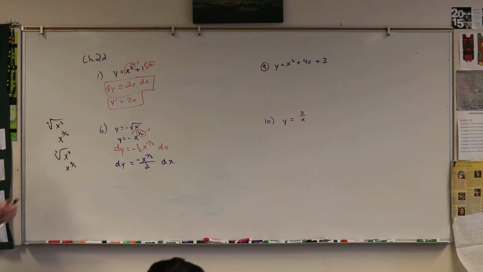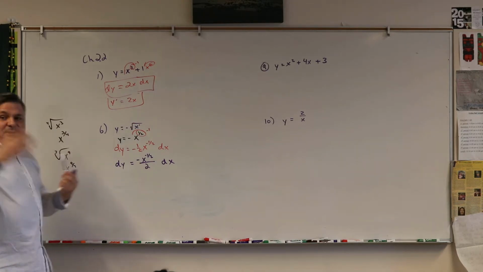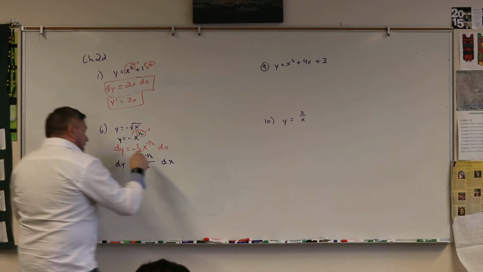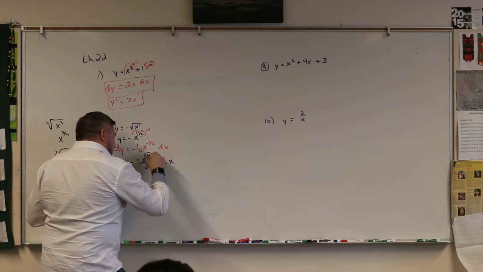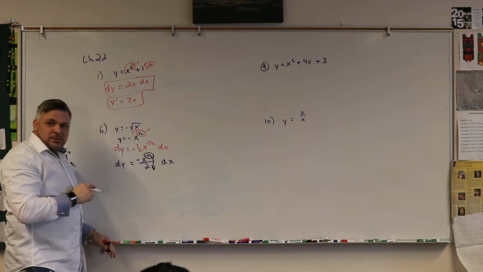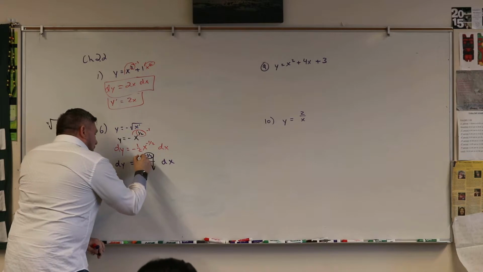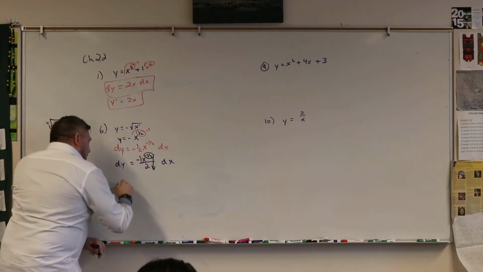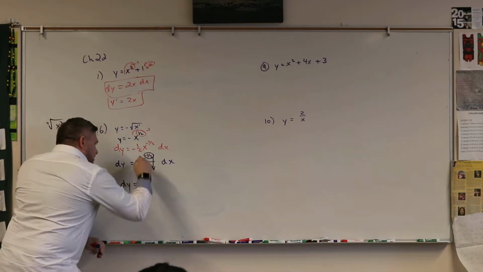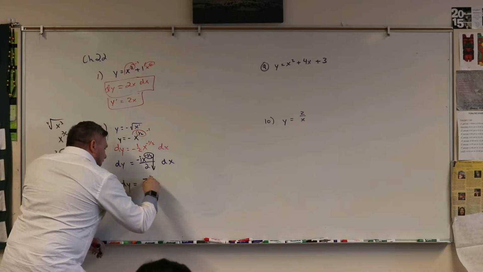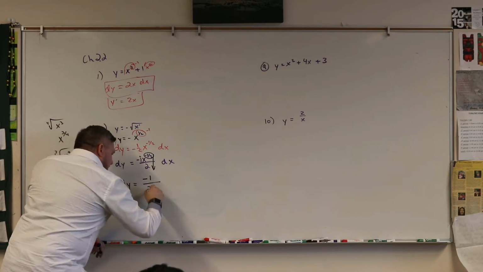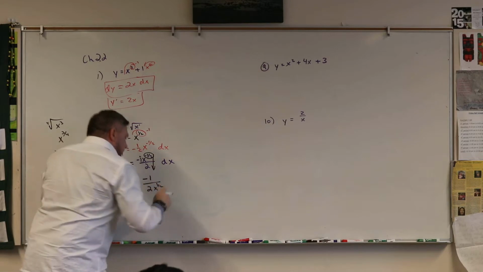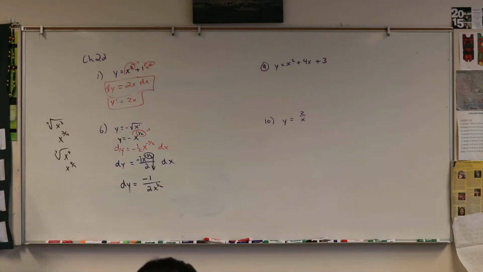Now think, negative exponents, what do we do with them in Algebra 1? We take them and we bring them down. And so there's really a 1 here, right? So dy is actually equal to negative 1 over 2 times x to the 1/2. So the negative just brings it down below.